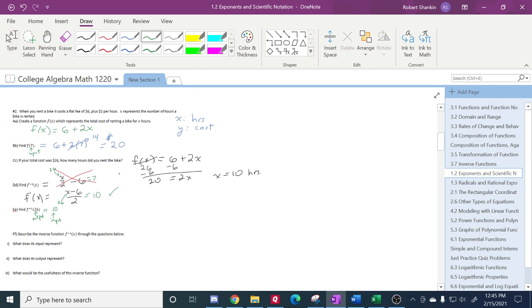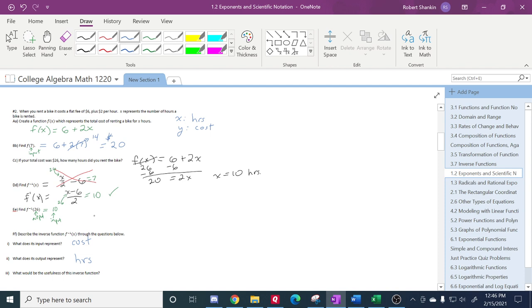So always look at the original function. X was the hours, y was the cost. The inverse function just goes from the opposite. It goes cost to hours. It just reverses the role of the input and the output.